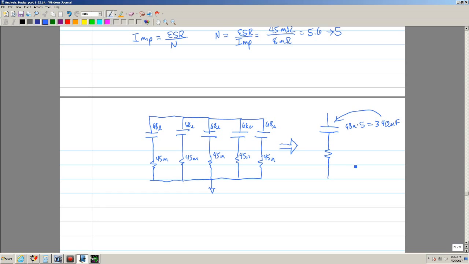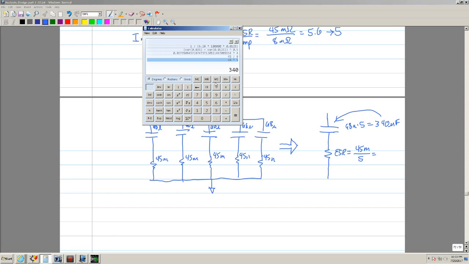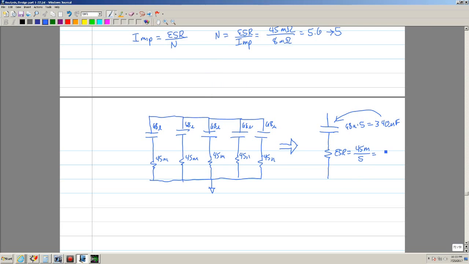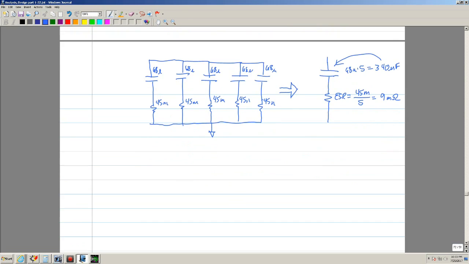Basically you add these up. And then the ESR is going to be the 45 milli divided by 5, so 0.045 divided by 5. So the equivalent is 9 milli. Now we simplified it.